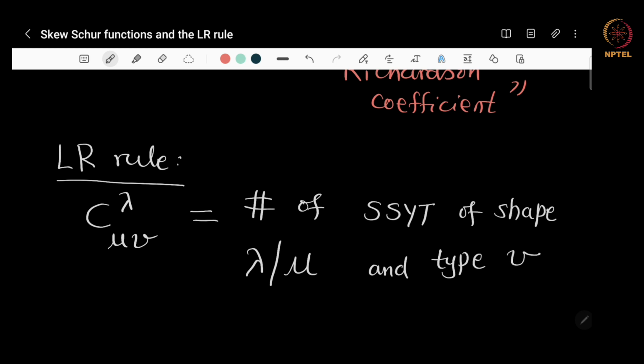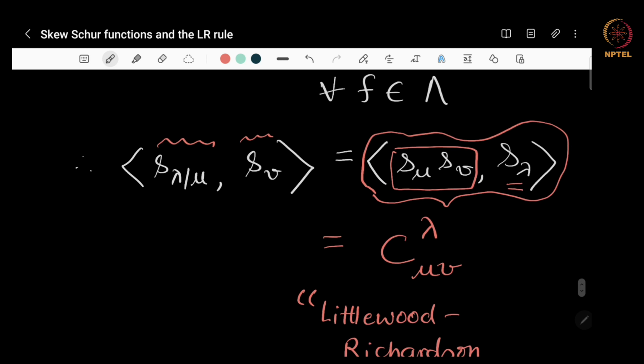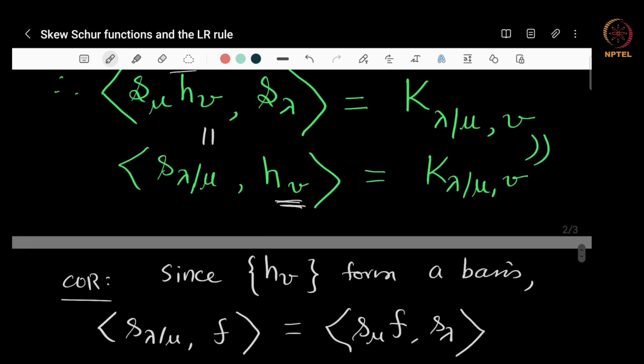So observe, so far this is more or less the number that we already looked at, right? So you look at things which are of shape lambda minus mu and type mu.